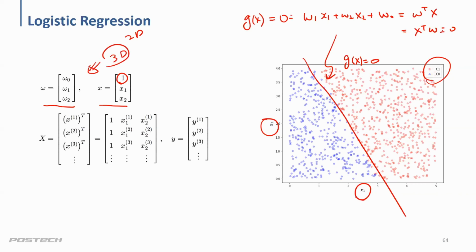I tweaked it and transposed each data point, so I get it like this, and m is the number of data points. For the corresponding labels, for logistic regression I will get either zero or one. That's the problem setting and the data set that I prepared.